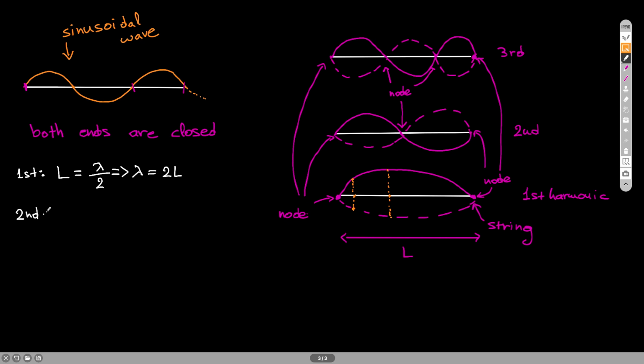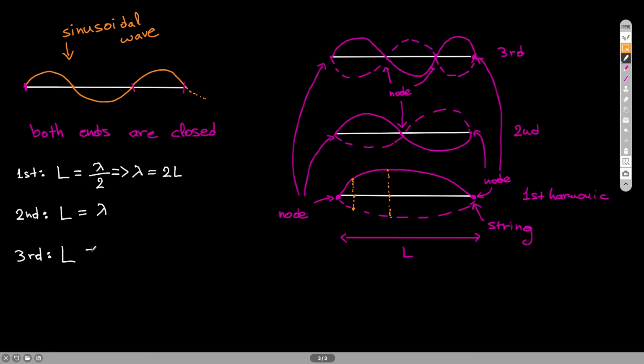For the second harmonic, I need to think, what portion of the wavelength do I have here? Well, I see that it's going up and then it's coming down at the same point. So I have exactly one wavelength. That means the length of the string is exactly equal to one wavelength. For the third harmonic, I have the length of the string as usual.